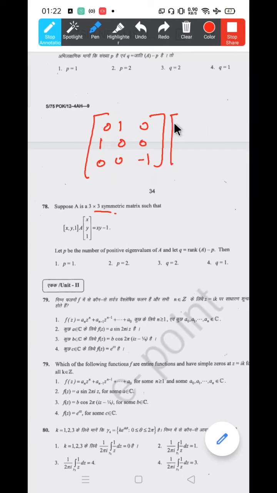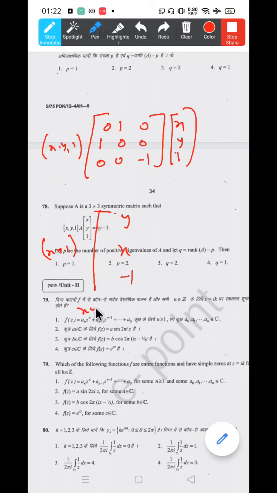Now let us check. First row first column will be y, and here will be x, here will be minus 1. Here again xy1, this will be xy plus xy minus 1.